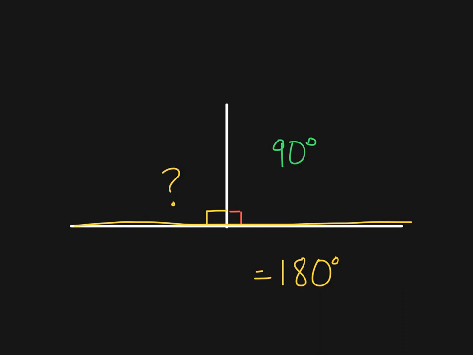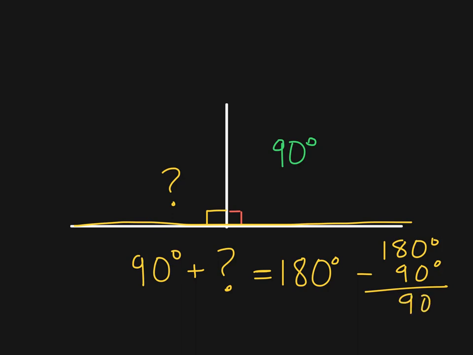And if I know that one part is 90 degrees, and I don't know the other part, but I know that together they equal 180, I can use math to figure that out. I can take my whole, 180, subtract the part that I do know, 90, and end up with the part that I don't know. And I can say with confidence that this angle is 90 degrees. Now, when we have numbers like 90 and 90, it's pretty easy to figure out, but sometimes it can get a little bit more complicated.